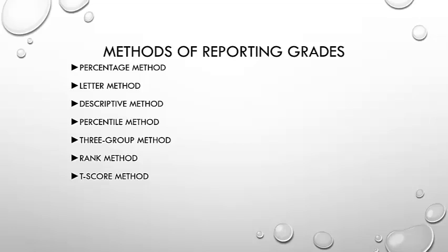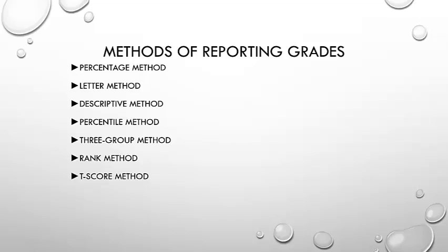see here. The descriptive method, and these are pretty much in the rank as to how they are used, where percentage is the highest, T-score method is the lowest. Okay, the descriptive method is the only other one I'll mention here and describe to you, and it's simply describing what the students are able to do based upon what the standard would say they are able to do. Okay, the others, the percentile, where the student ranks in the class, the rank method, the T-score, the 3 group.